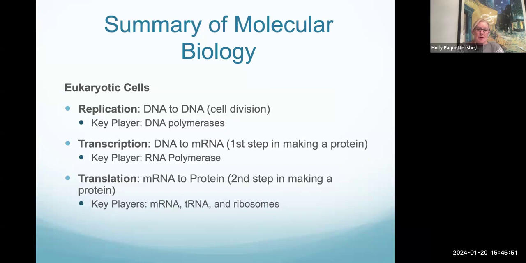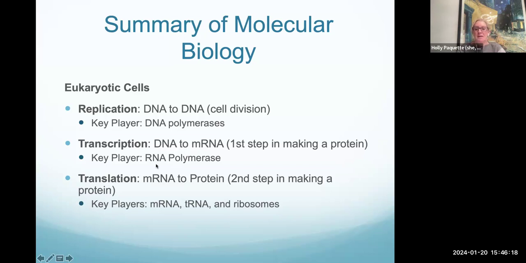So some quick summary: in eukaryotic cells, we have replication of DNA. That means we have DNA making copies into more DNA, and this occurs at cell division. A key player or key players in this are enzymes called DNA polymerases. We also have protein synthesis, and this would include the transcription and translation. In transcription, DNA is being transcribed into mRNA.